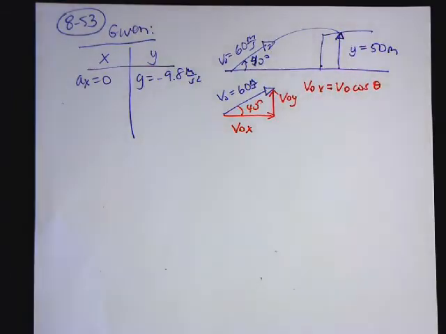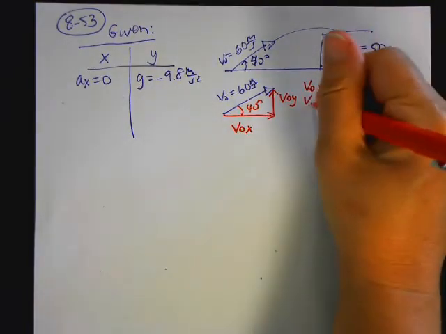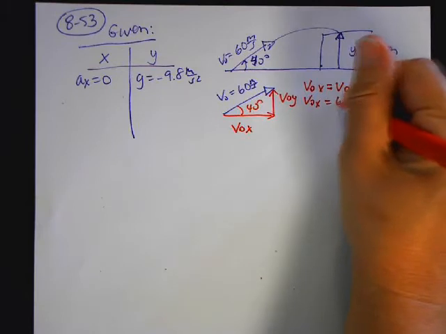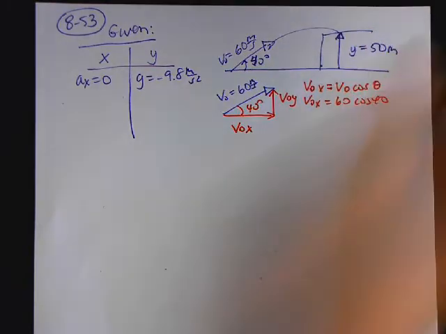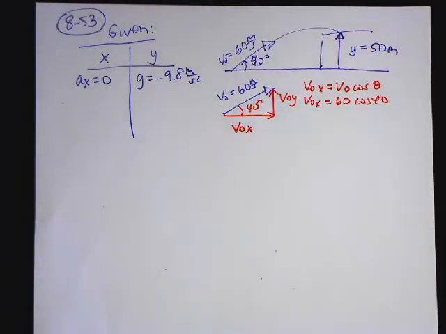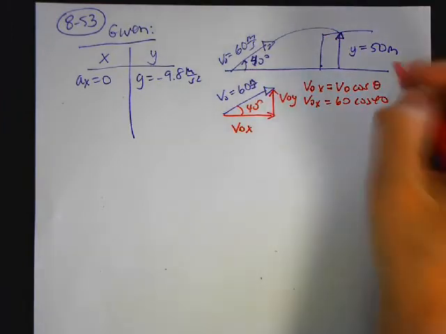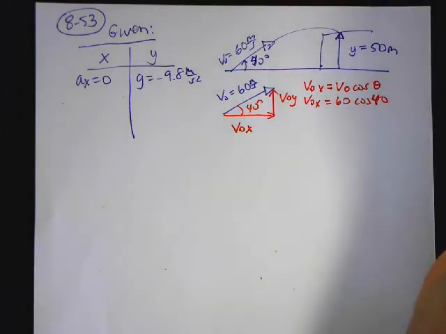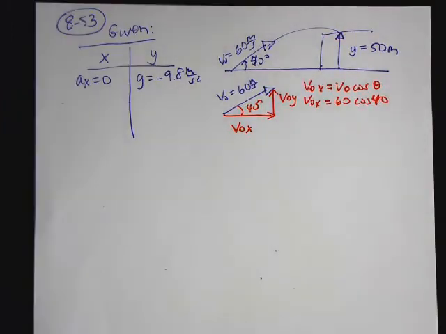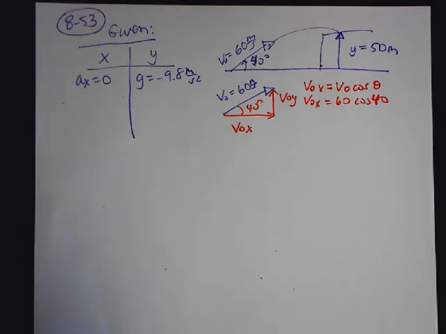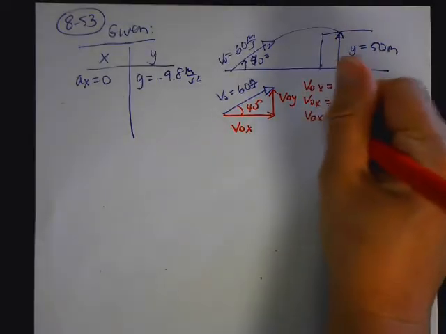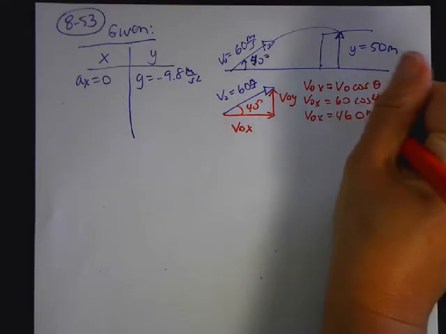So when I do that on my calculator, v naught x is equal to 60 times the cosine of 40. Okay, so 40 cosine times 60 should be 45.96. So we'll say v naught x is equal to 46.